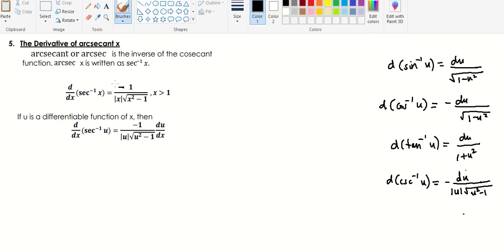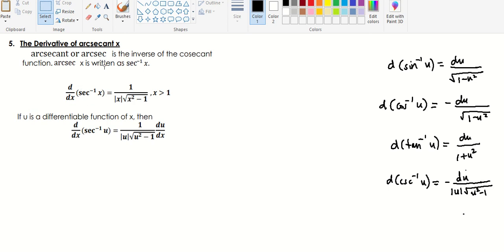Alright, so ang ating formula ay mali. So, dapat ito po ay positive 1. Hindi po negative. Pati rin po ito. Ang negative lang po ay dun po sa ating cosecant. Alright? Again, pag arc secant po ang ating hinahanap, positive po ang ating value.